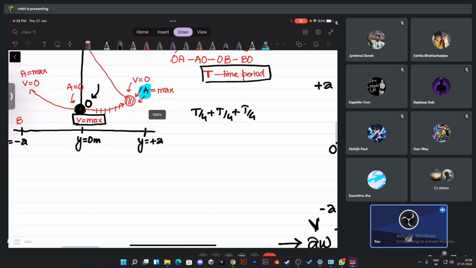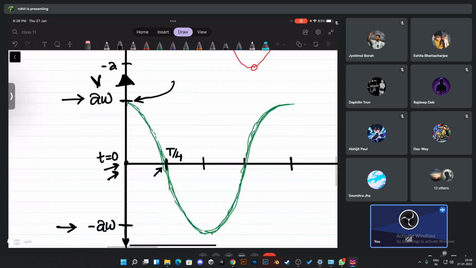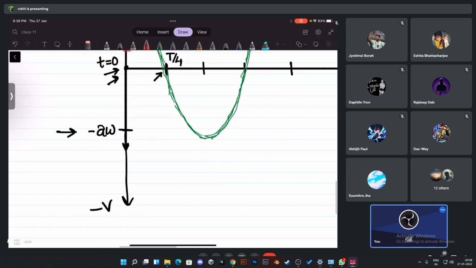Where is the object T by 4 later, guys? The object is here or not? Yes, sir. And what is the velocity there? 0. So that's why, look at the graph: the graph is going down to what? 0. And do you understand all of these values? Are they values of positive velocity or negative velocity? This is positive velocity and this is negative.